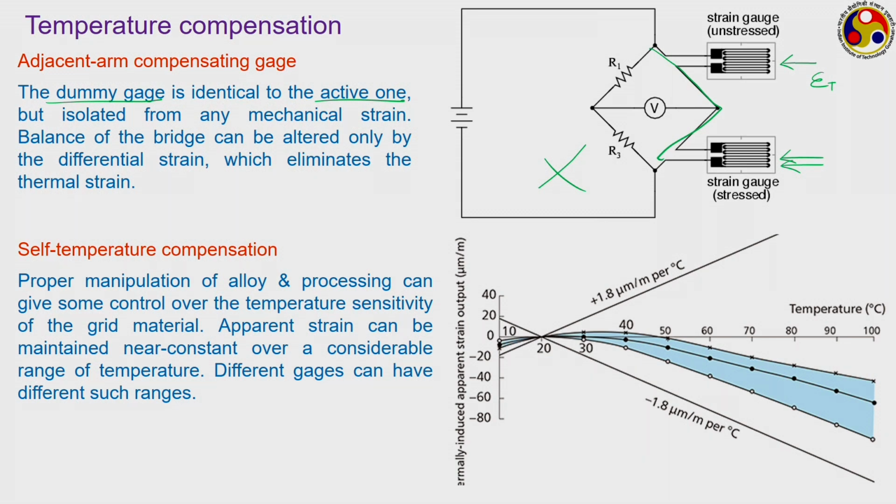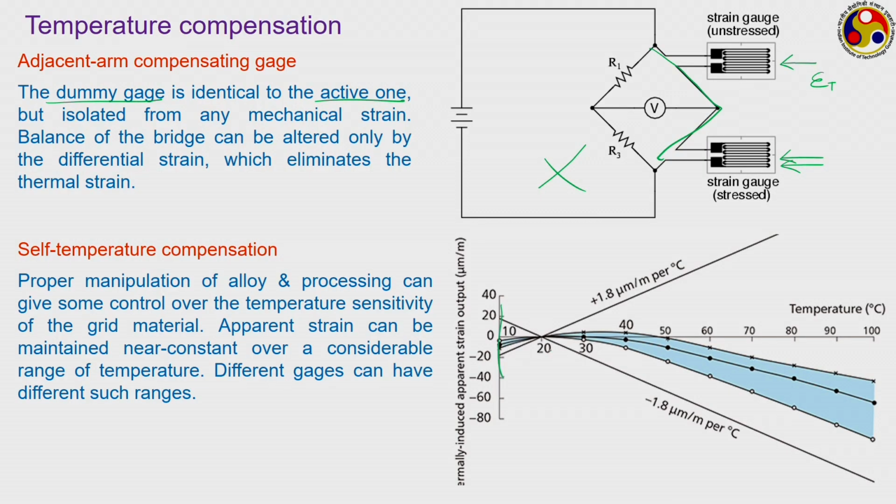The second is the mechanical deformation of the gauge material and also its backing material because of the change in temperature. If the temperature increases, there will be an elongation of the physical length of the resistance and also its backing material. So, if we can treat the alloy properly and process and fabricate the gauge properly, then it is possible that these two opposing factors may eliminate each other over some range of temperatures.